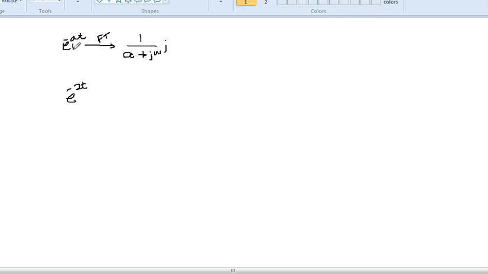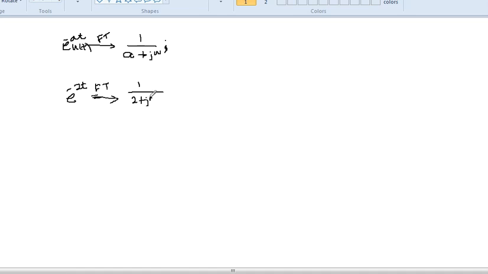So that problem gave this answer, so no need to do it further. By that property we can write the Fourier transform of the signal as 1 divided by a plus j omega, where a is 2 here. So 1 divided by 2 plus j omega.